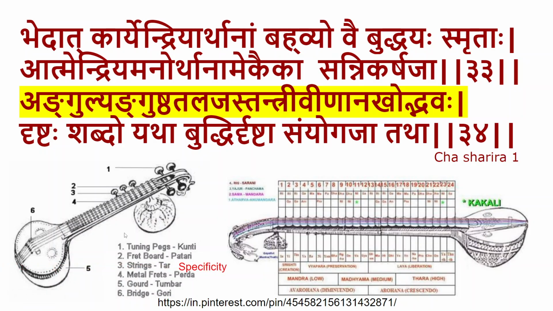Now, exactly the same can be compared to our specific theories of pain sensation. The strings, that's the specificity. The strings have a character of producing some vibration, and that's the specificity theory. Gate control theory is about the tumbar, the gourd over there, which produces a sound or reflects the sound in a resonant fashion.